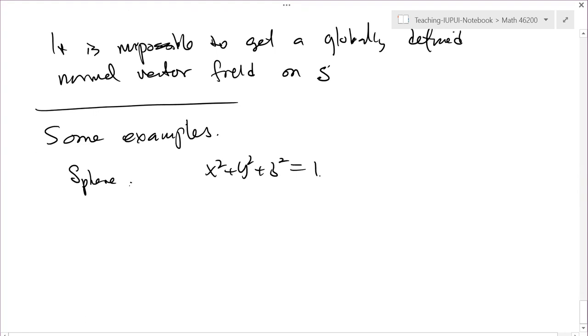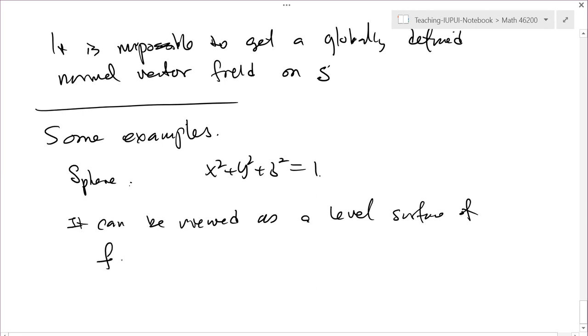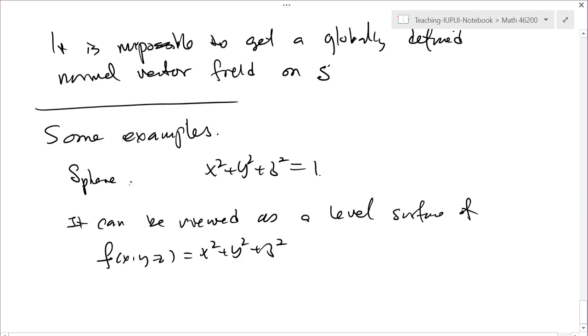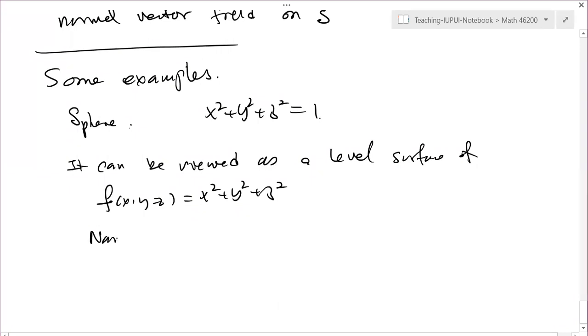So the sphere can be viewed as a level surface of the function f, and that function is just x squared plus y squared plus z squared. Namely, it equals what?